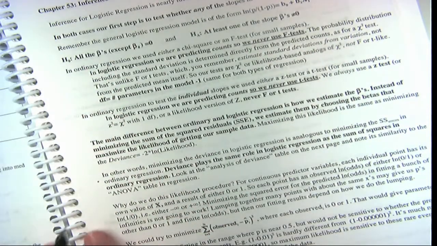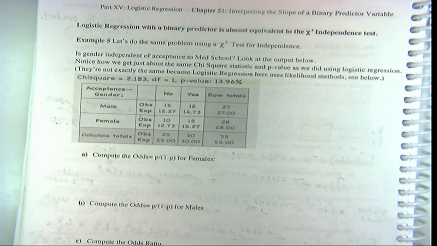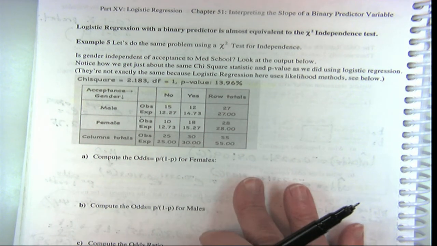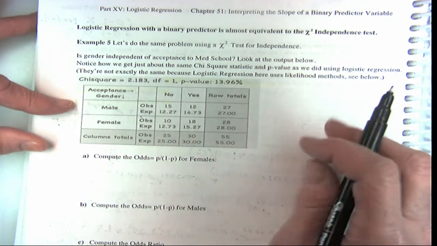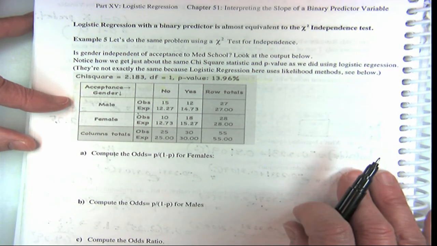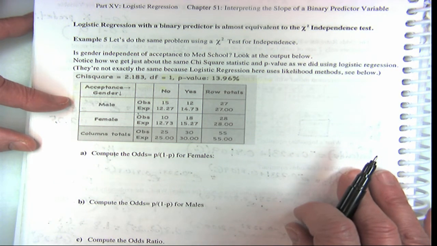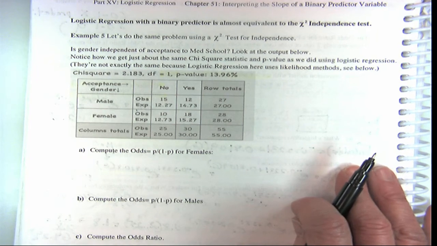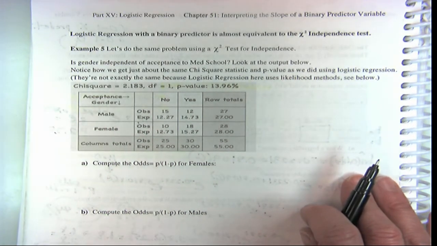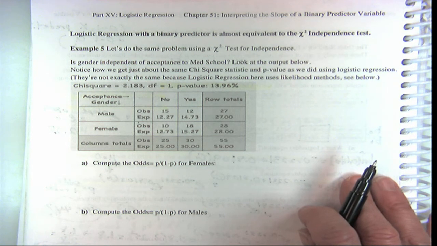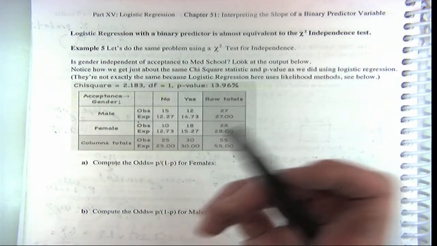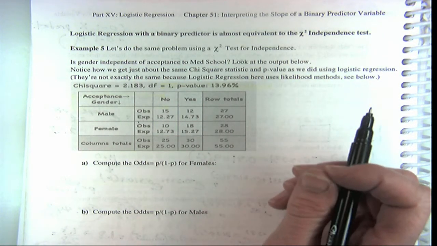So now we're just going to compare this to a chi-square test. All right? So we have a 0, 1. We're just trying to see if males or females are favored. So isn't this similar to a chi-square test for independence, whether you get into med school or not, independent of your gender? Or it's similar to a two-sample z-test: the percentage of females who got in versus the percentage of males who got in.